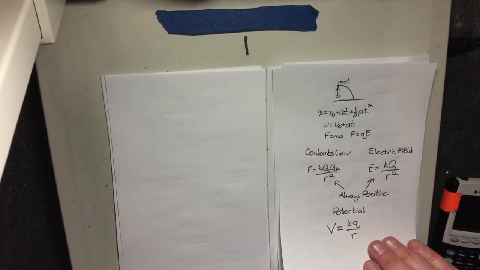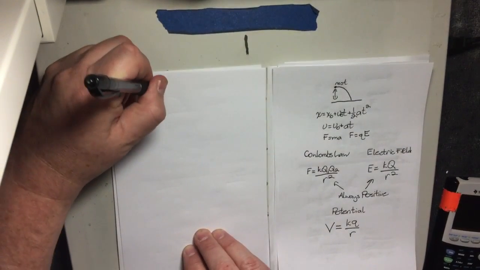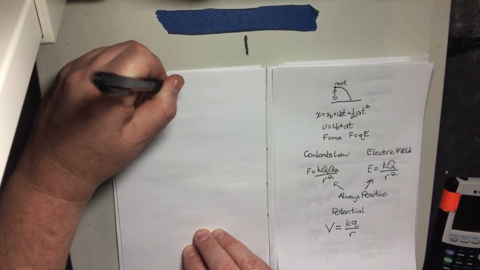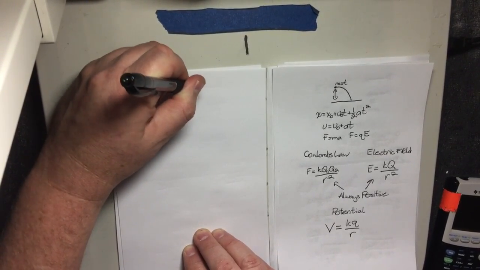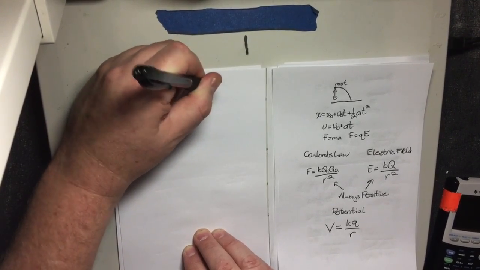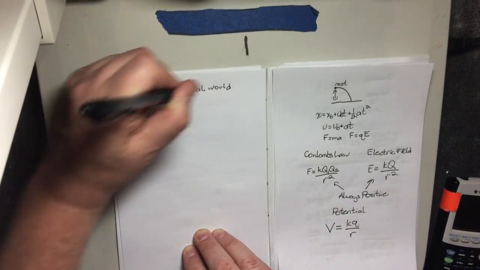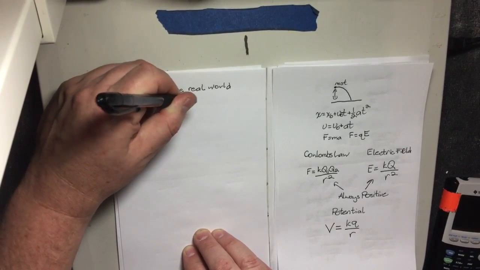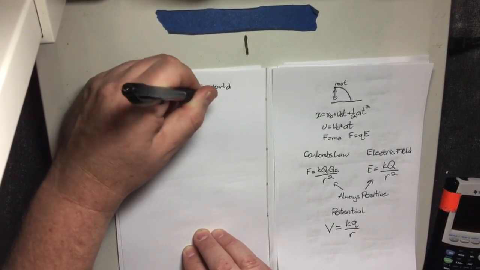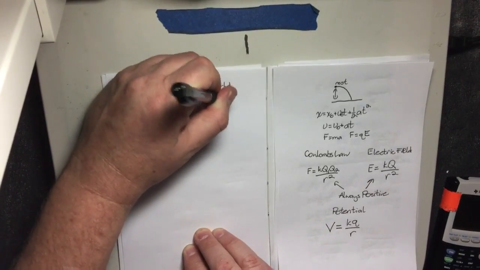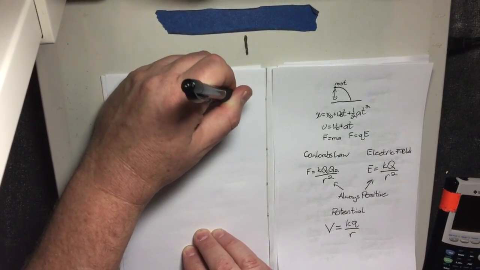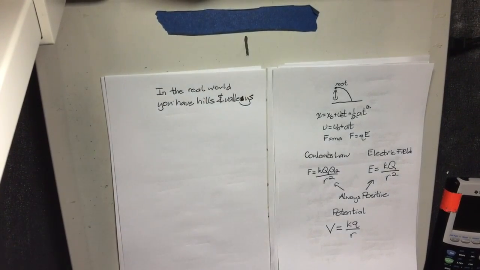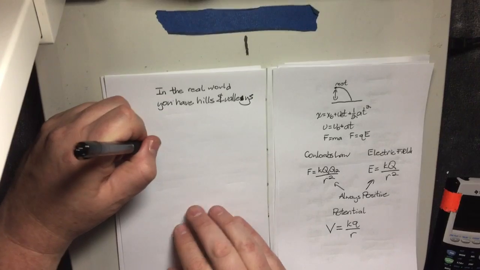In the real world, you have hills and valleys. Not vales, valleys.